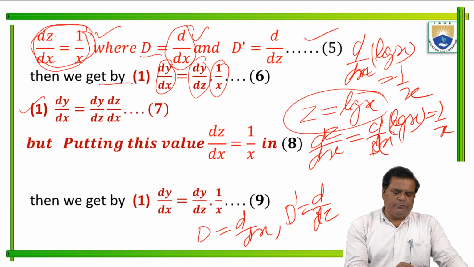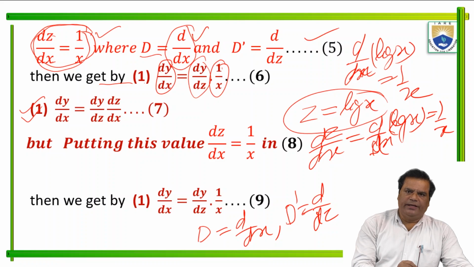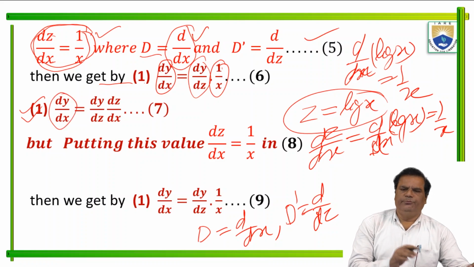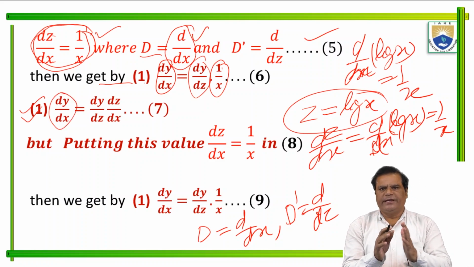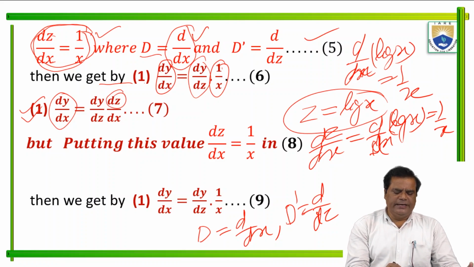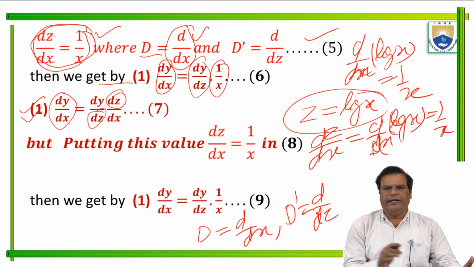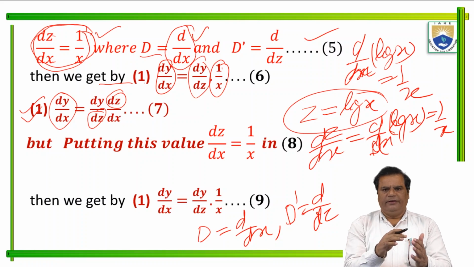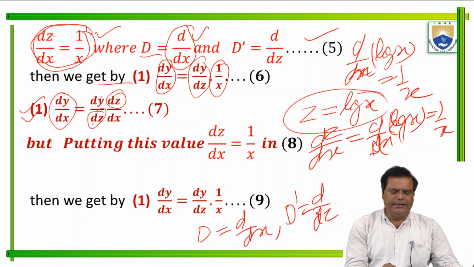So we write from equation 1, dy dx. How can we break this? Multiply by dz and divide by dz and interchange the variables. So here dy dz upon dx. This is equation 7.